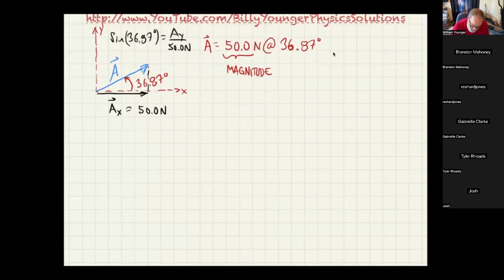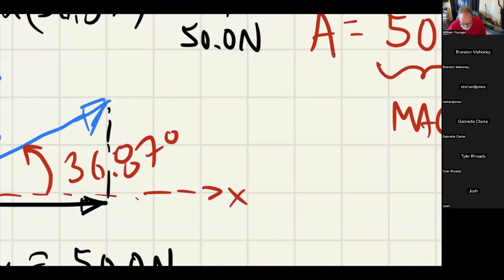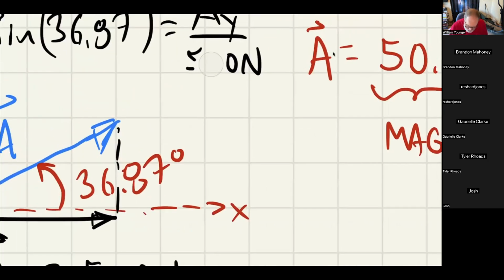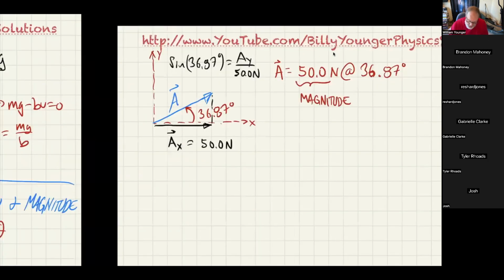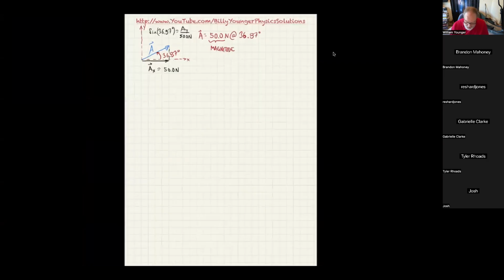I really should have made that second zero a little bigger, but anyways, here we are. Okay, and now, again, we're trying to learn as we go. So we're going to do the next step, which is say cosine of 36.87 degrees.